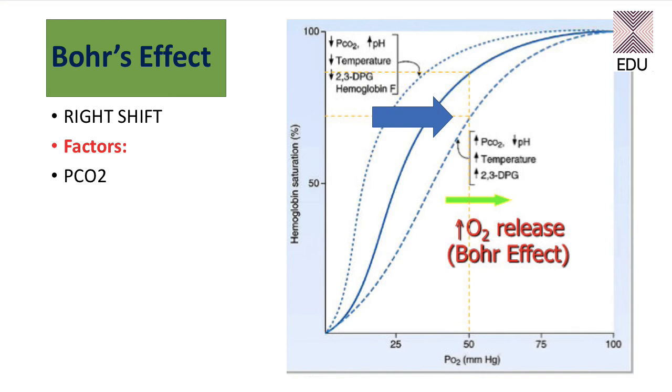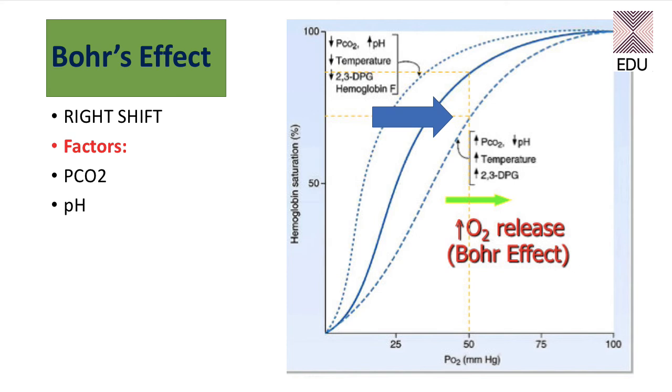So it tends the graph to move towards the right. If you have a low PCO2, then it will be on the left side. So this is the first factor, the partial pressure of carbon dioxide.